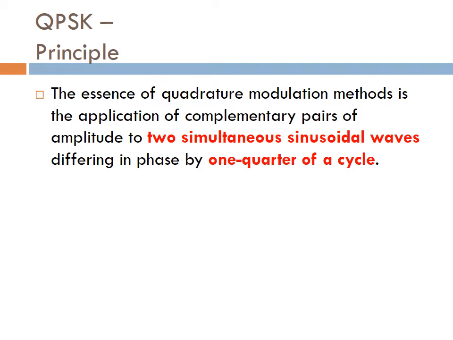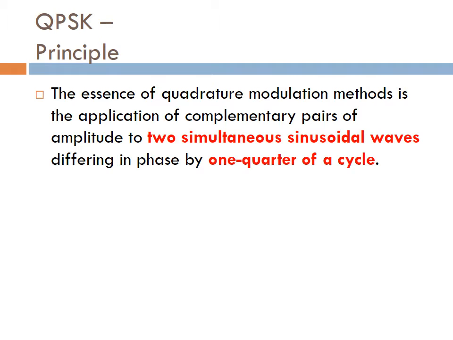The essence of quadrature modulation methods is the application of complementary pairs of amplitude to two simultaneous sinusoidal waves differing in phase by 1/4 of a cycle. So now we have a shift in phase by 1/4. This description is a lot to absorb in one go.